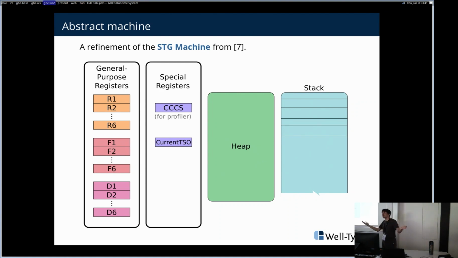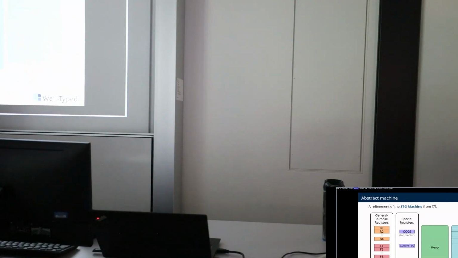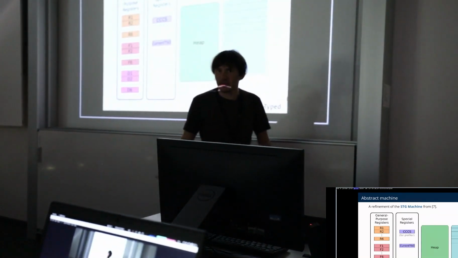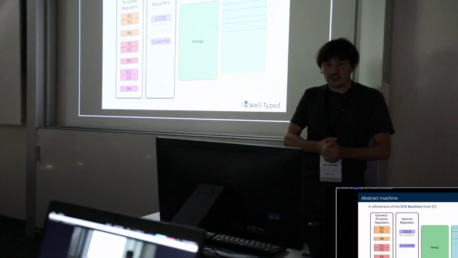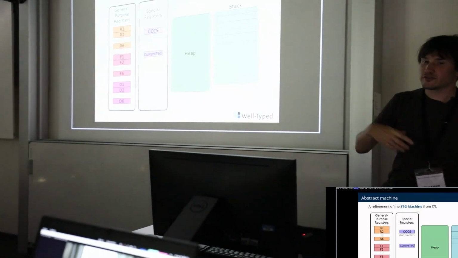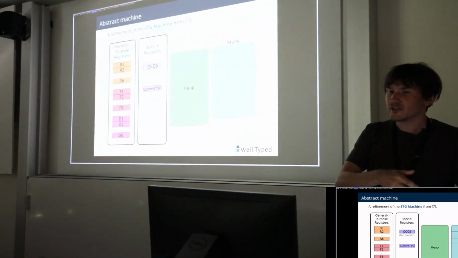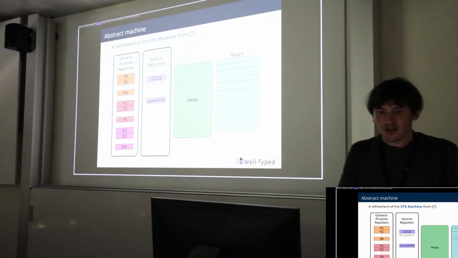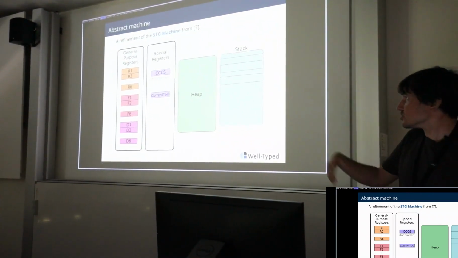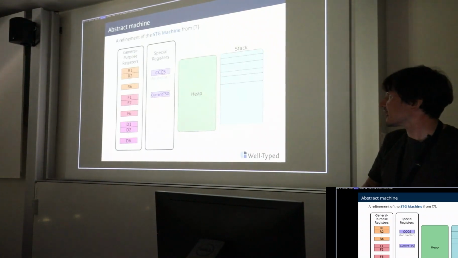Pointers to lifted objects, for instance, boxed objects. We have these registers here, which are floating point single precision registers, some double precision registers, some SIMD registers. These things are all used for passing arguments and results to and from functions, as well as for intermediate values in some cases.